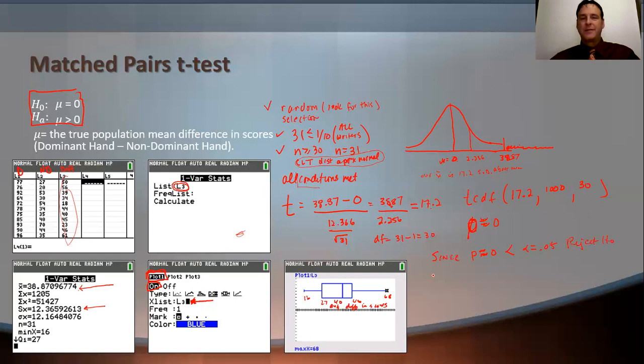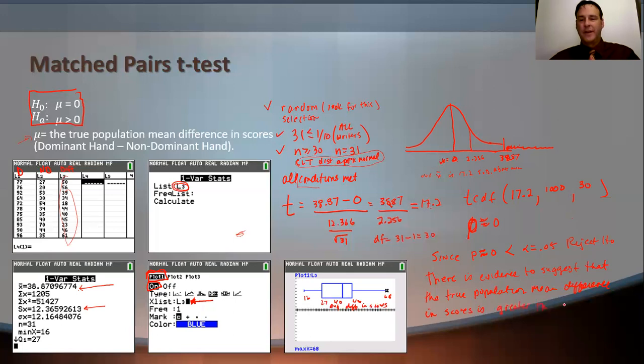It means there is evidence to suggest that, and then I'm going to go back to down below the null and the alternative, which is the mu, the true population mean difference in scores is greater than 0.